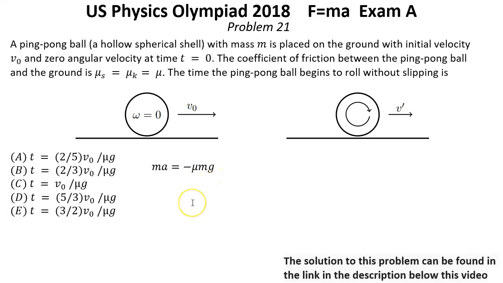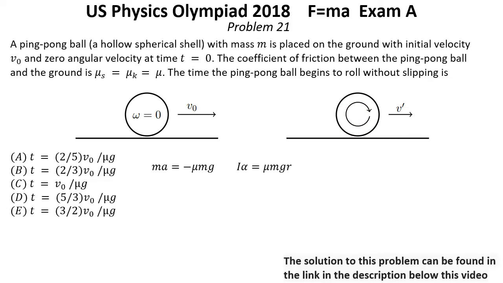And also we have rotational motion. For rotational motion we have I alpha equals mu mgr, where I is the moment of inertia, alpha is angular acceleration, mu mg is the force of friction, and r is the distance from the point of contact to the center of mass around which this ball is rotating.